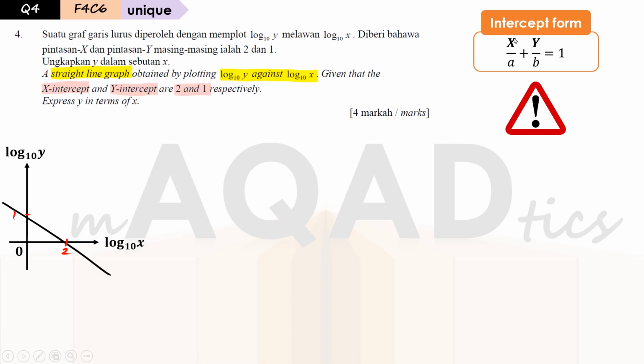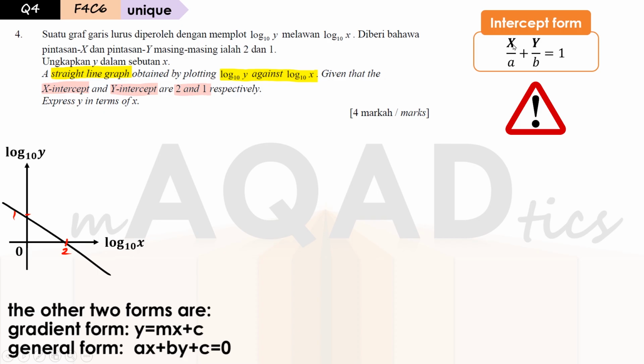So x here is the x-axis, y will be the y-axis, a here is the x-intercept, b would be the y-intercept.